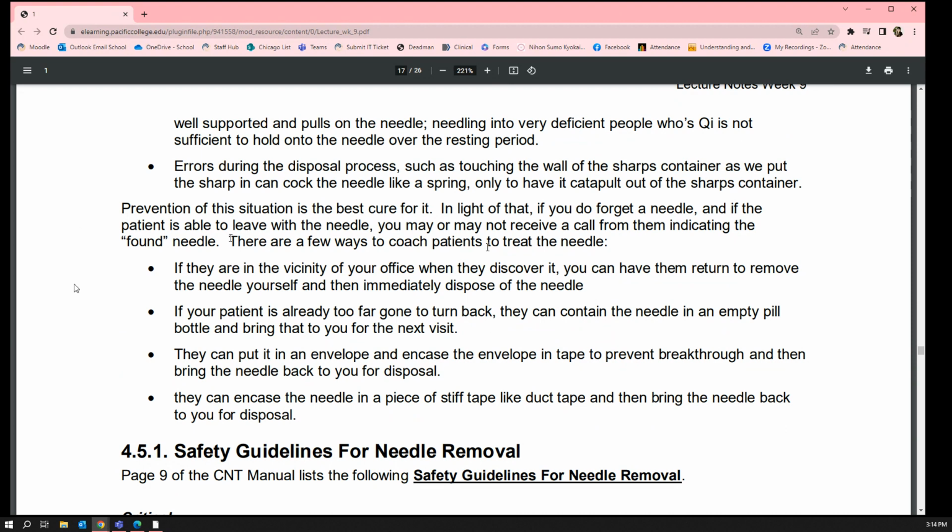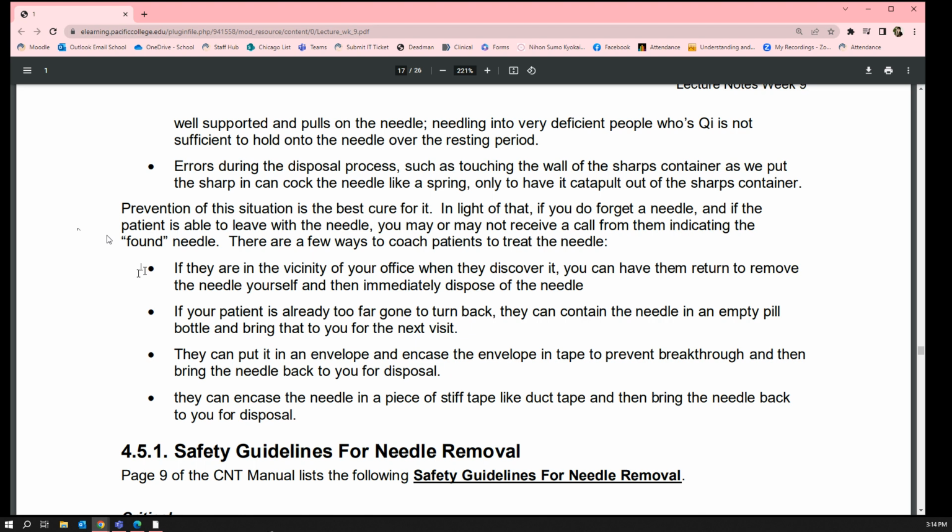There are a few ways to coach patients to treat a needle if they happen to find a needle in their body or in their clothing when they're finished with their treatment after you're done removing the needles. If they're nearby to your office when they discover it, have them return to you. If it's still in them, remove the needle. If not, just bring it back. If they are too far gone to turn back, they can contain the needle in an empty pill bottle.